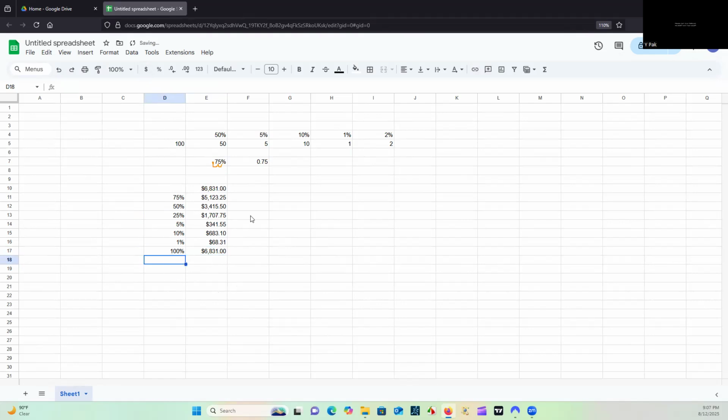So 100% of any number is that number. 100% of $5 is $5. 100% of $60 is $60. 50% is just halfway between that number and 0. 25% is halfway between 50% and 0%.